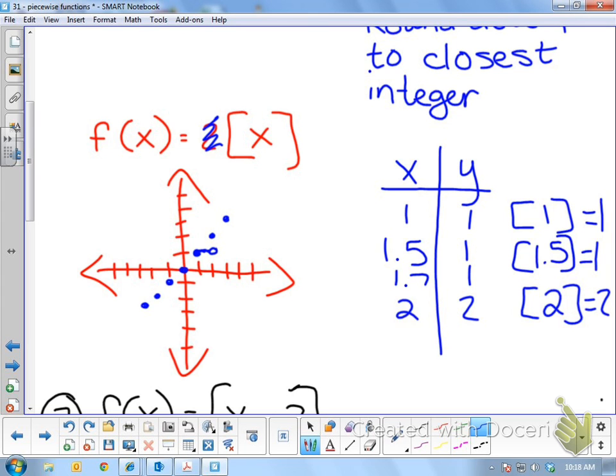Still 2. So it's going to travel along, 2, 2, 2, until we hit 3, when it jumps up to 3. All of them travel 1 to the right until they jump up to the next line.